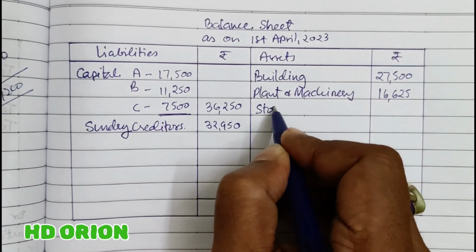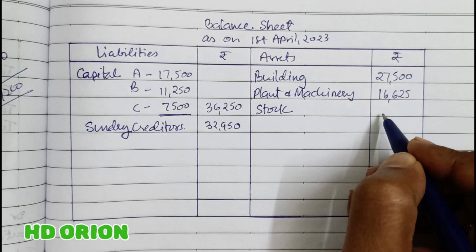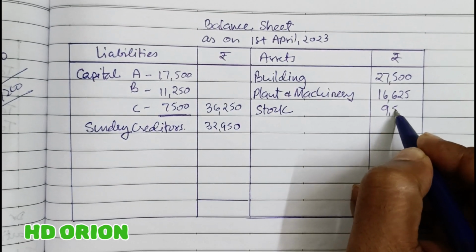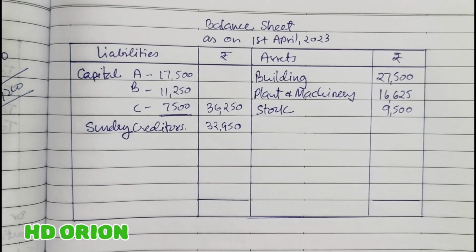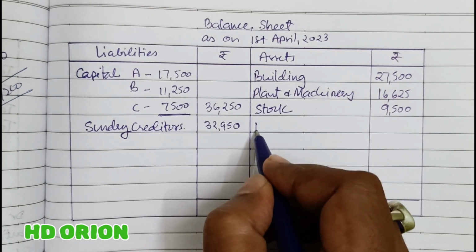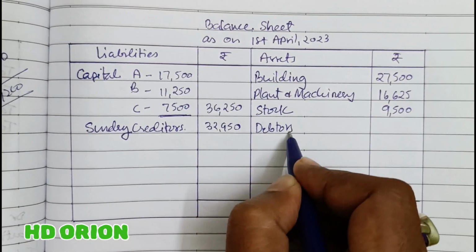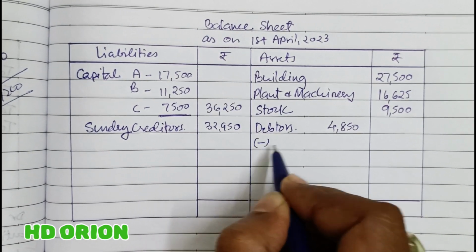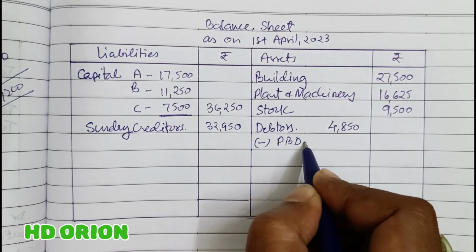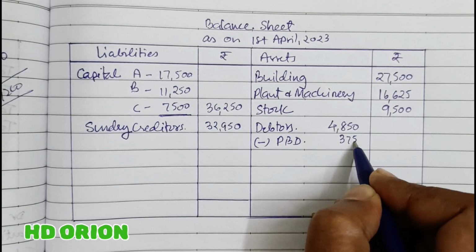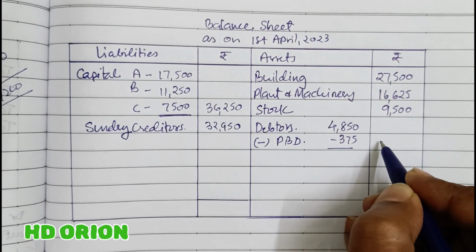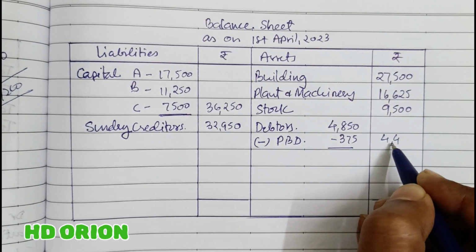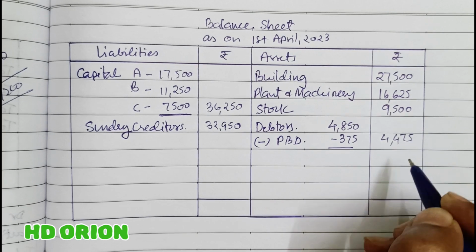Then stock has also decreased by 5%. From 10,000 it has come down to rupees 9,500. Then sundry debtors are of rupees 4,850 and we have prepared a provision for bad and doubtful debts of rupees 375. When you subtract, in the outer column we have to write 4,475.